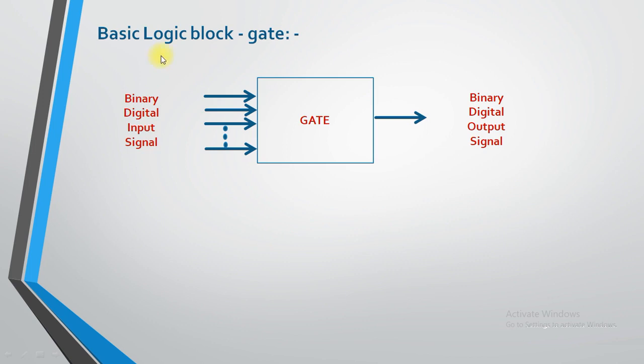When I draw the basic block diagram of a logic gate, there are various input signals, which I have represented using different arrows, marked over here with dots. In between, we use the gate, and at last, based on the gate, it will produce output in the form of binary information, and the output would always be 1.